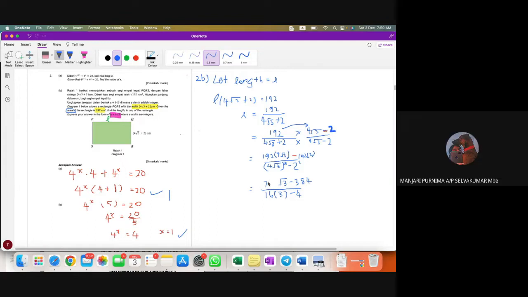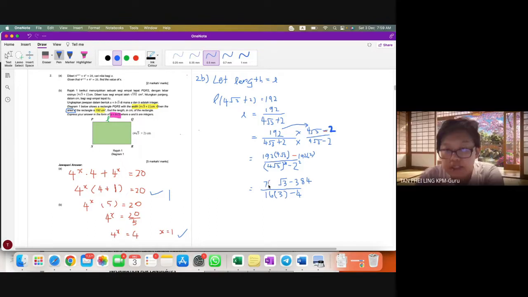Okay, continue. So this one, can they do anything? Cannot, right? So we just copy back. 768 square root 3. And then minus 384, correct, right? Yeah, 384. And divide by 48 minus 4, 44.